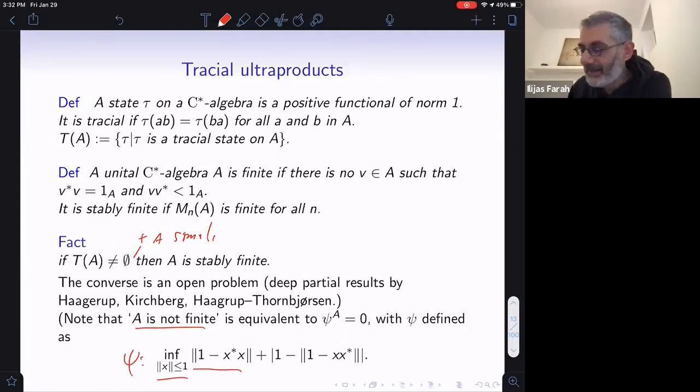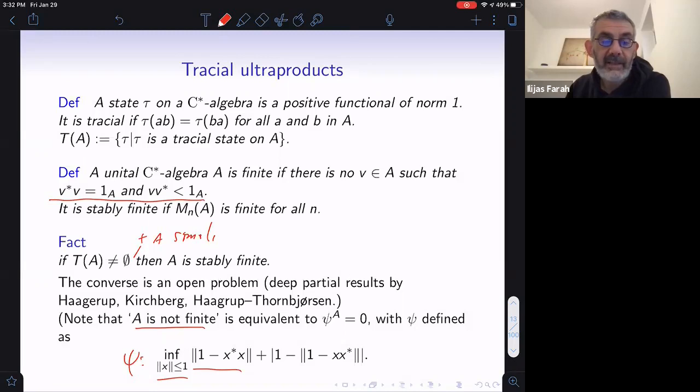When is this 0? If Psi is 0, and if that 0 is attained, let's not worry about the fact that this infimum is not obviously always attained, then x has to be an isometry, right? x star x is equal to 1. And moreover, x x star is not equal to 1. And that's exactly what this says.